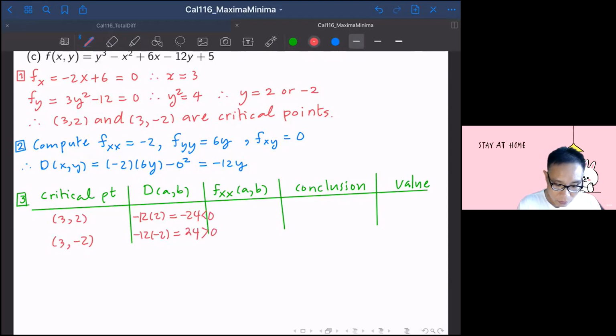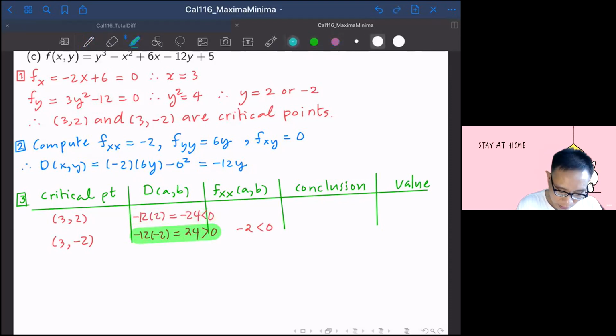For the positive case, fxx equals negative 2, which is negative. And for this one, D is a negative value.